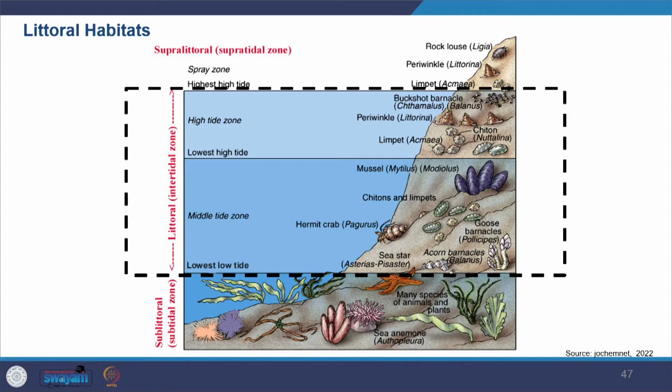Now you look at the littoral habitat. The littoral zone, as we had seen, is a very narrow zone between the high tide and the low tide area. You would see that you have steep shingle beaches, or you can also have mud flats. In most littoral habitats, whatever species sustain in this particular zone are mostly marine in nature, and they are well adapted to the marine cyclic system which is there.